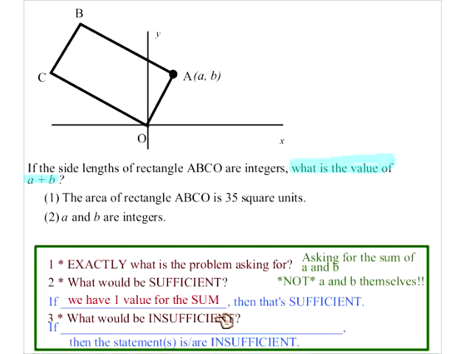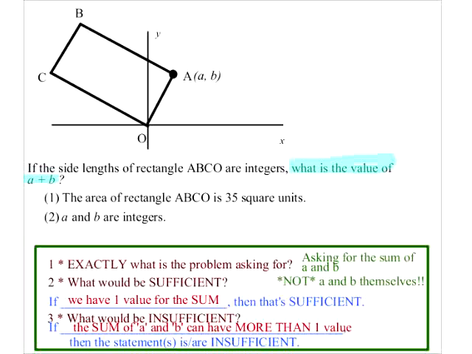Okay, then what's not sufficient? Text box, please. There's more than one value for the sum. If the sum of A and B can have more than one value.